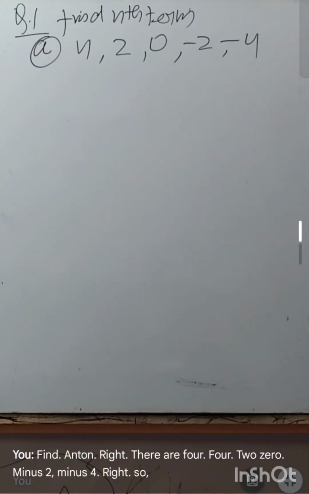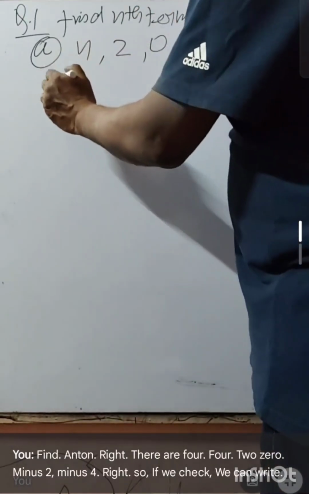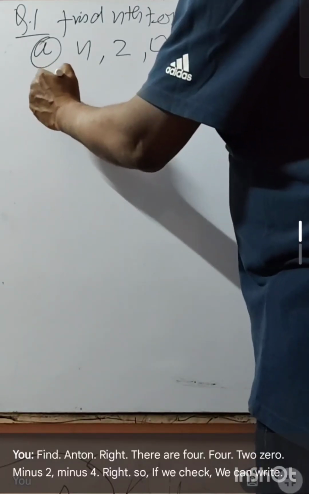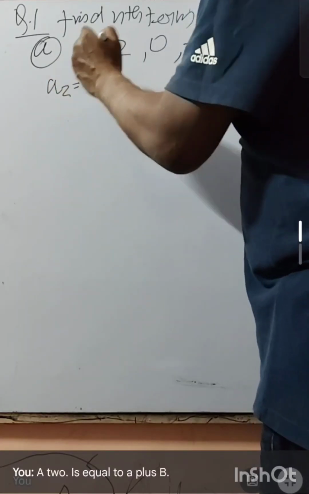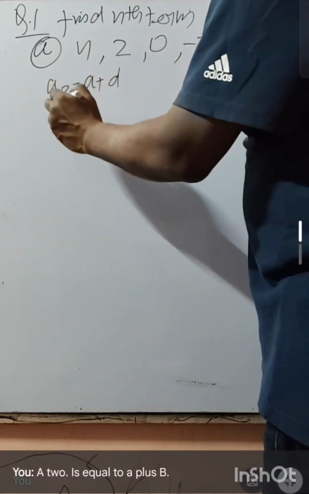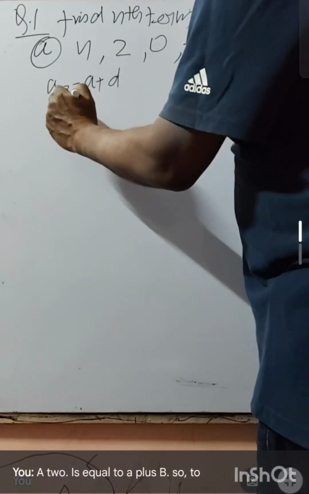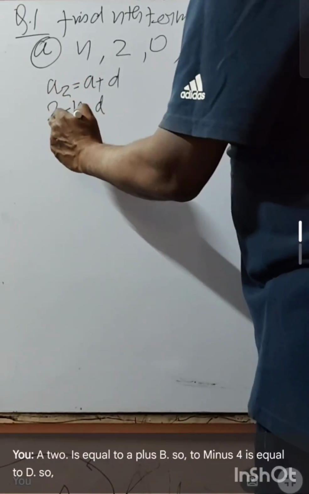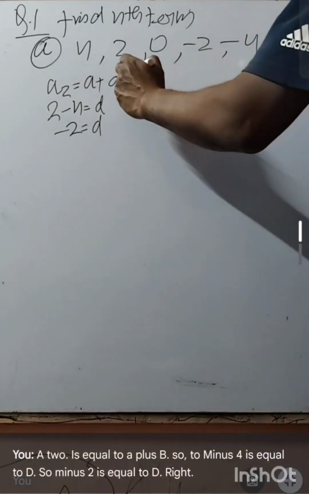So if we check, we can write A2 is equal to A plus D. So 2 minus 4 is equal to D. So minus 2 is equal to D, right?